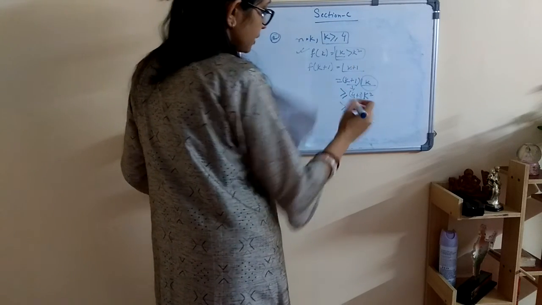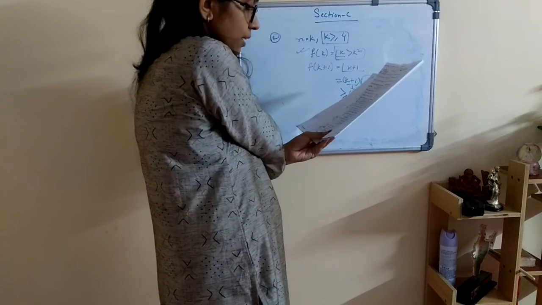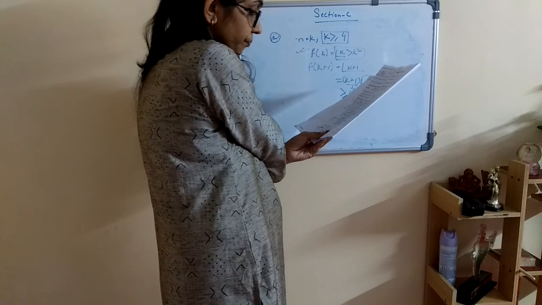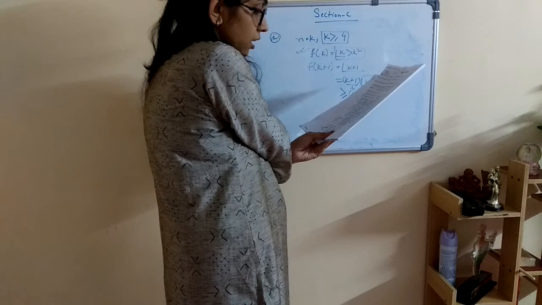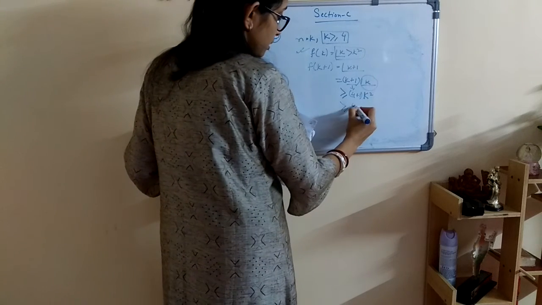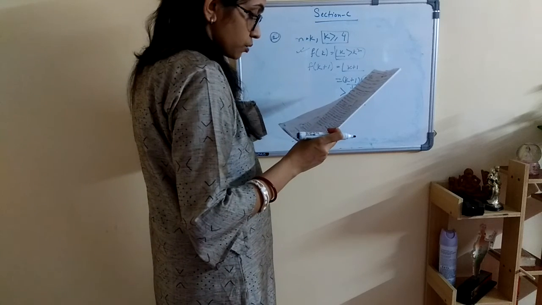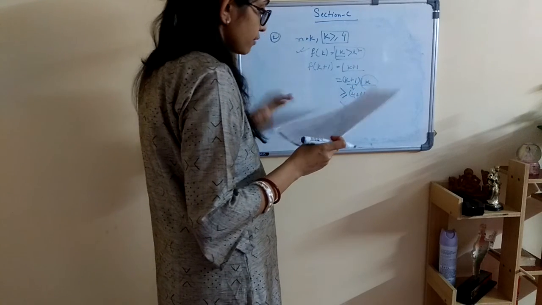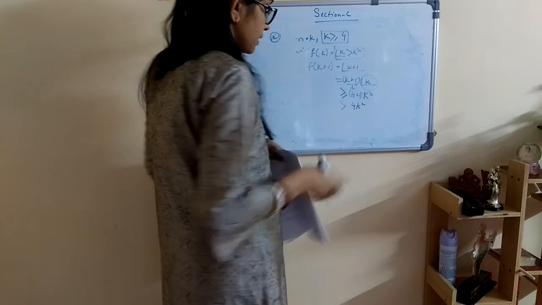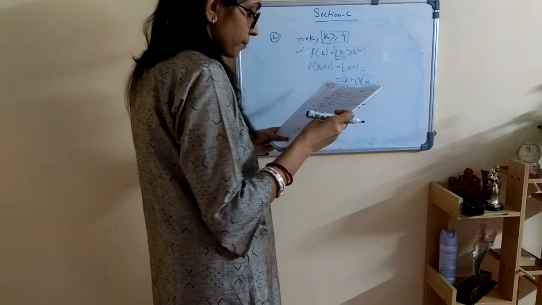So now it becomes (4+1) into k square, which is 5k square, greater than 4k square.